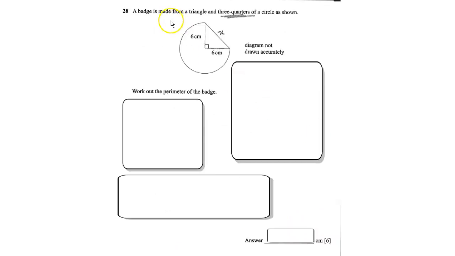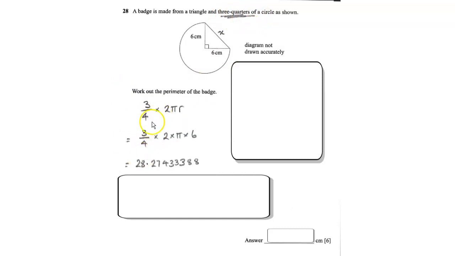So for question 28, a badge is made from a triangle and 3/4 of a circle. Whenever they mention 3/4 of something or half of a circle, it is quite important that you take that into consideration when working things out. It says, work out the perimeter of the badge. So we're looking for part of the circumference of that circle. You can see it says 3/4 of a circle, so it's 3/4 of the circumference.